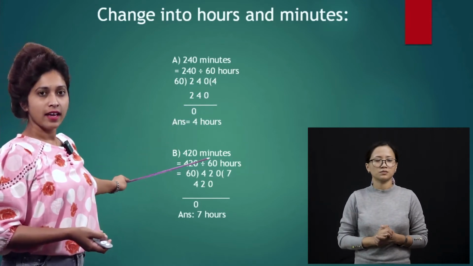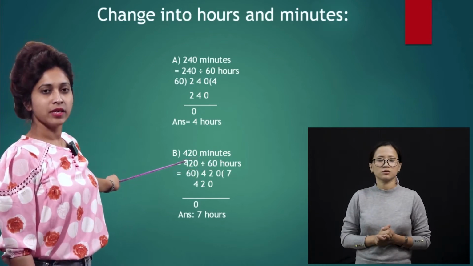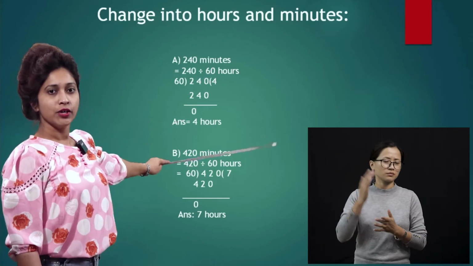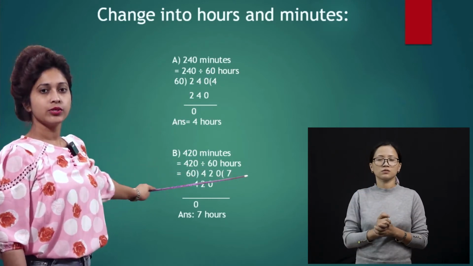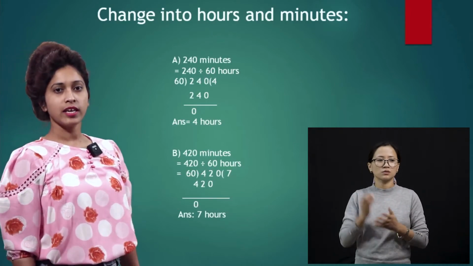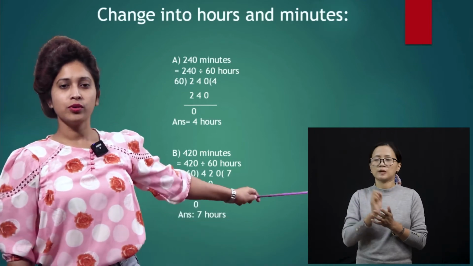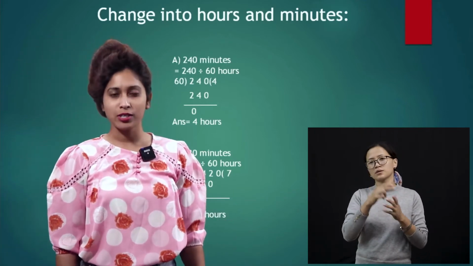Okay. Then next we have 420 minutes, right? So same as the earlier one, you need to divide it by 60, and 60 into 7. When you put it, you will get 420, right? So we know that 6 into 7s is equal to how much, children?